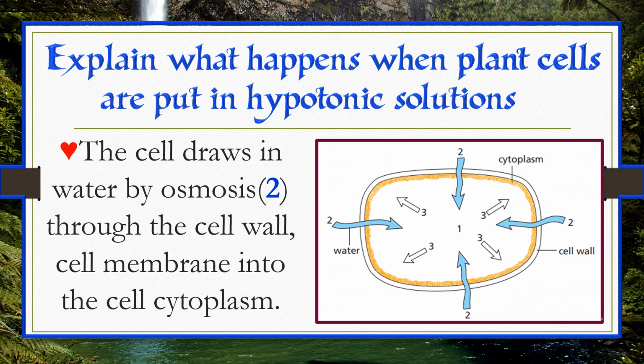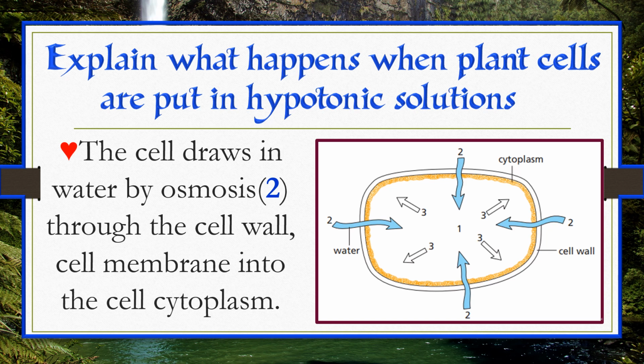So what is going to happen is the cell will draw water inside by osmosis, that is number 2, through the cell wall and cell membrane into the cell cytoplasm, which is number 1.